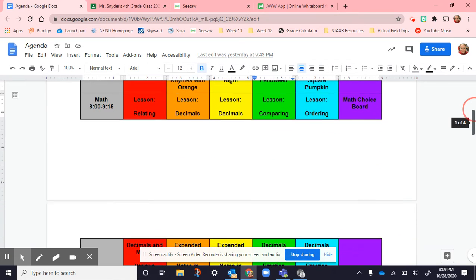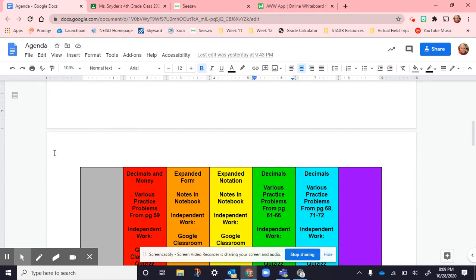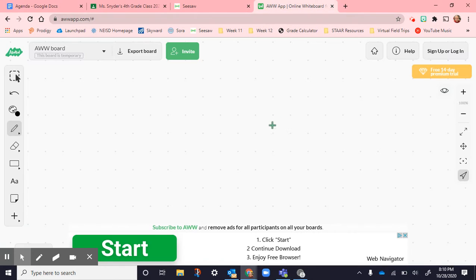Our math lesson was on decimals. Yesterday we were talking about expanded form. Today we talked about expanded notation. So let's review what that is. Expanded form is, if I had the whole number 528, taking each of these digits.